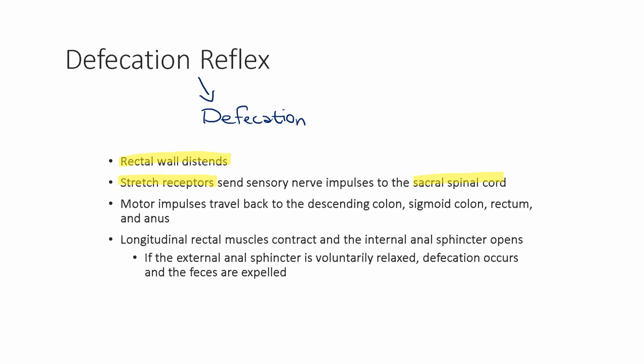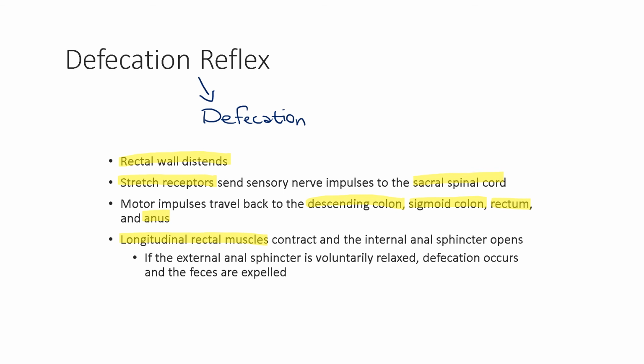Now, the motor impulses from the cord will travel along parasympathetic nerves back to the descending colon, the sigmoid colon, rectum, and the anus. And the resulting contraction of the longitudinal rectal muscles will shorten the rectum and increase the pressure within it.